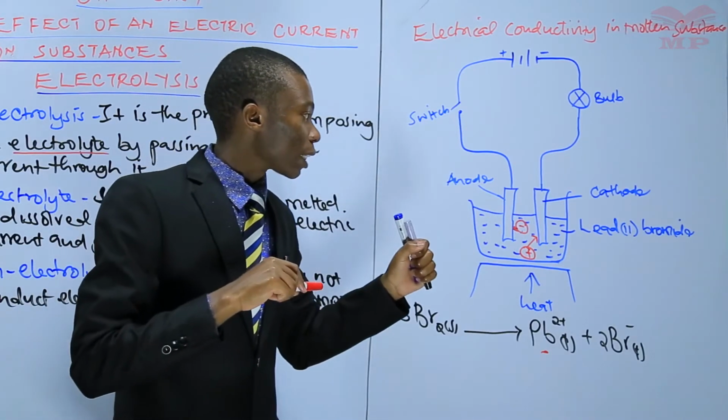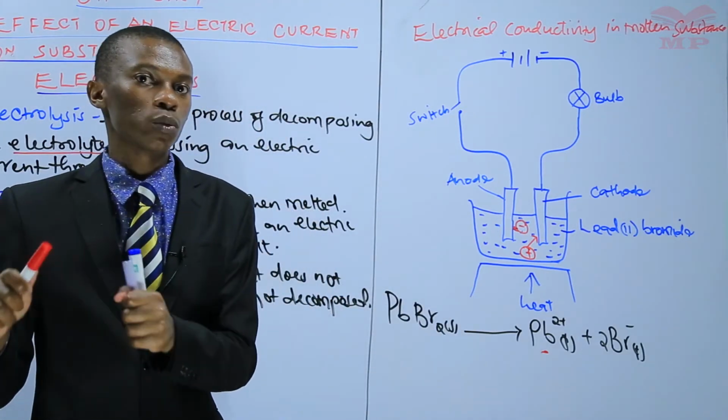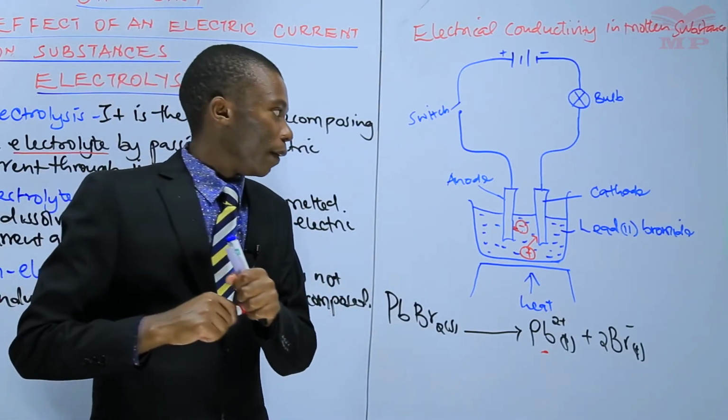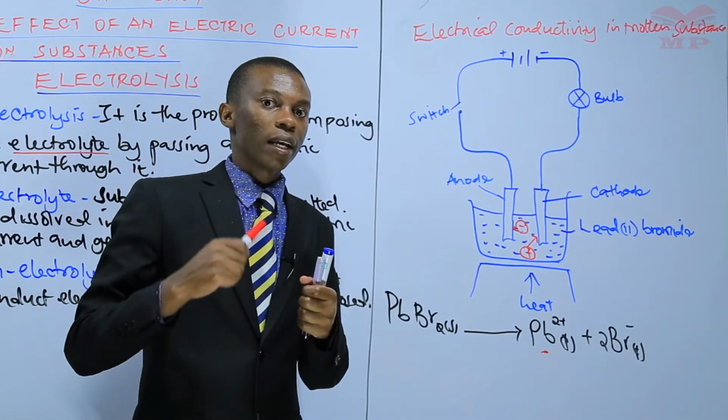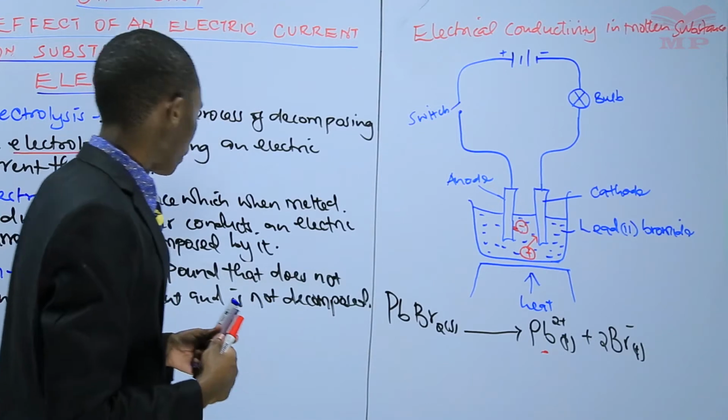The lead ions will be attracted towards the cathode, and they are going to be deposited at those electrodes.